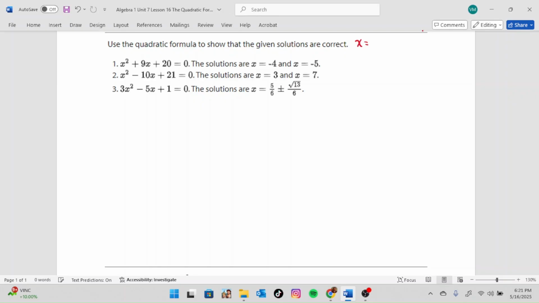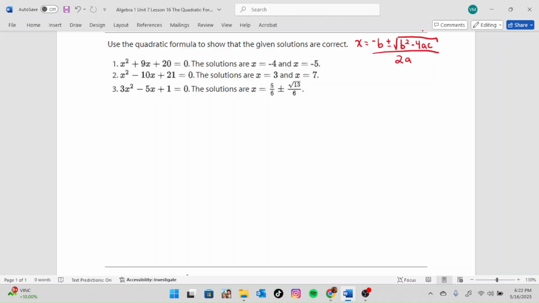It's x equals negative b plus or minus the square root of b squared minus 4 times a times c, and all of this is over 2 times a.